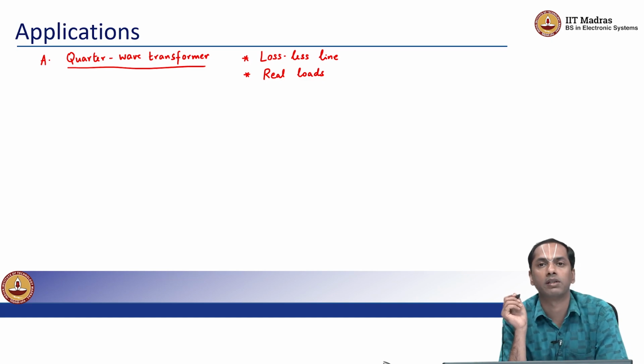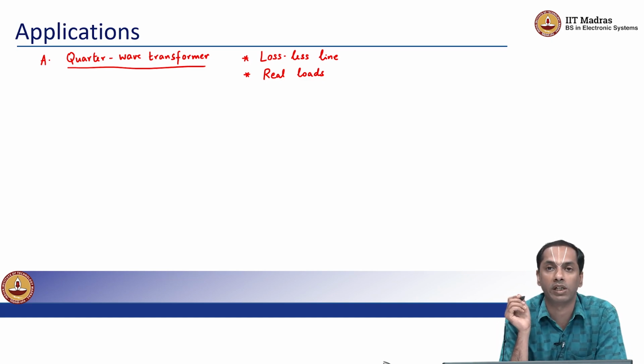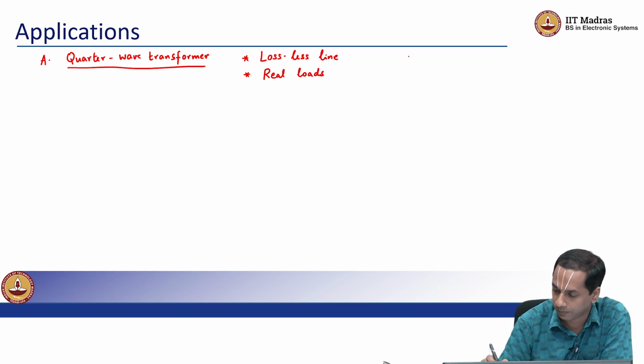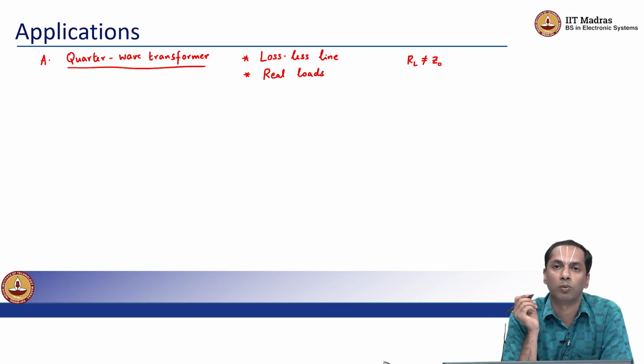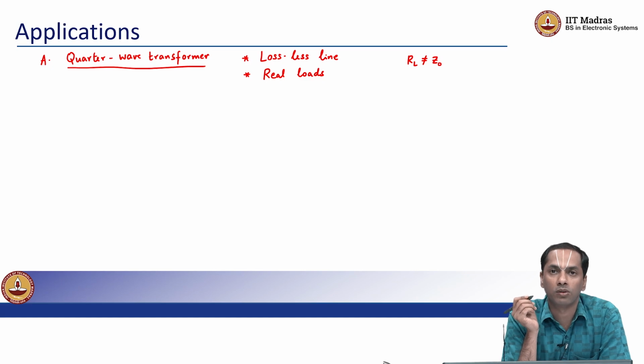So oftentimes it is impossible to ensure that your load is always going to be the same as the characteristic impedance of the line. So my RL, load resistance, is not Z0. But still I would like to ask the question, can I get rid of reflections from such a load? And perhaps I can do so at least at a very specific frequency.